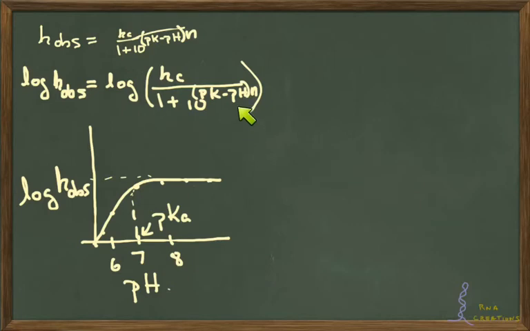When we're in the limit of the pH being much lower than the pKa, then we can ignore this term because it's like 1 plus 100. And so it's actually the log of A over B, which is the log of A minus the log of B. You can show that the slope in the pH plot is really n. So this slope here, I don't think I'm going to go through it, but that slope is n.